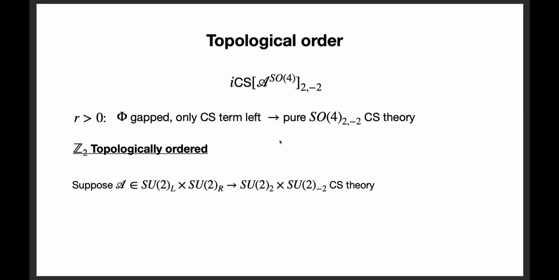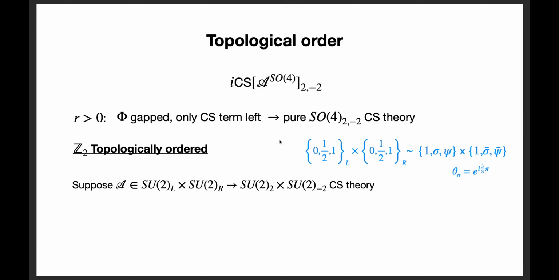The way to do it, we will use our trick to gauge the global flux conservation symmetry. Let's first suppose that this gauge field A, which should be in SO4, is in SU2 times SU2.